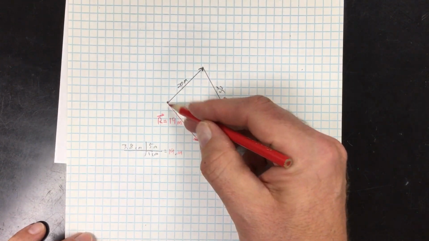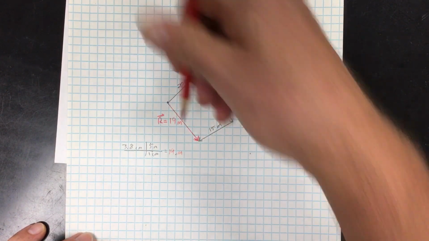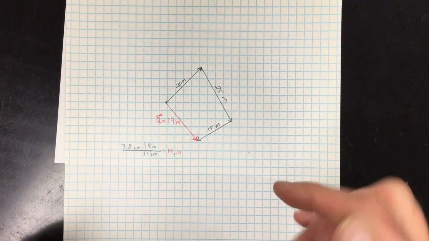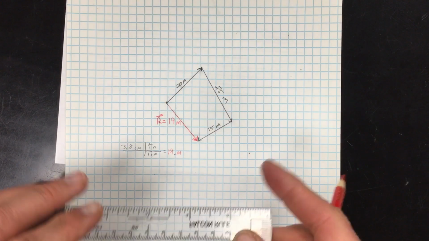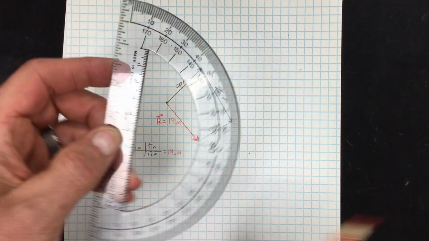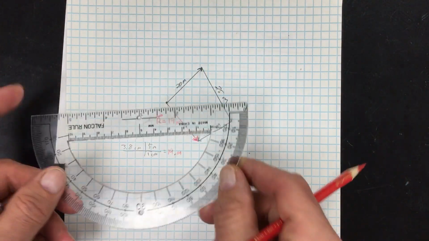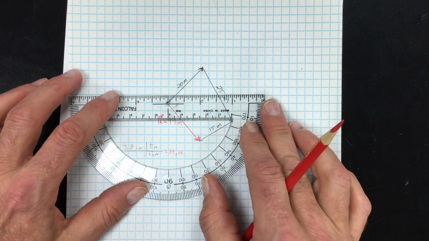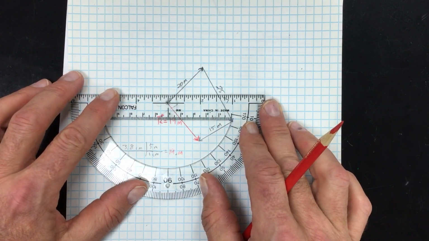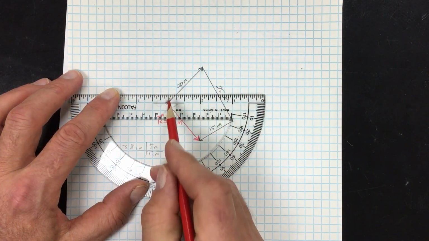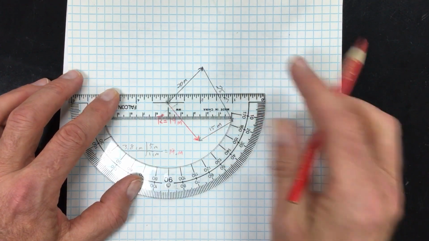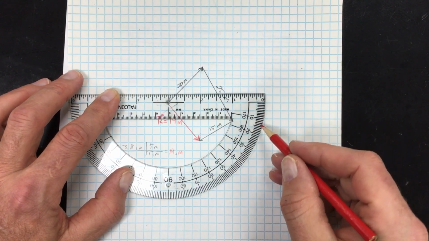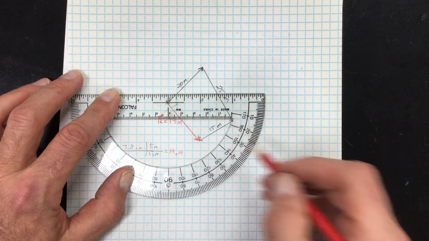I notice that my vector is pointing down towards the 4th quadrant, so I know the angle is going to be greater than 270, but less than 360. I'm going to use my handy dandy protractor to measure, making sure that my horizontal line is even with one of the horizontal lines. Oh boy, this one's a tricky one.